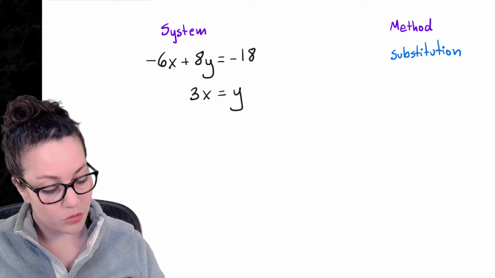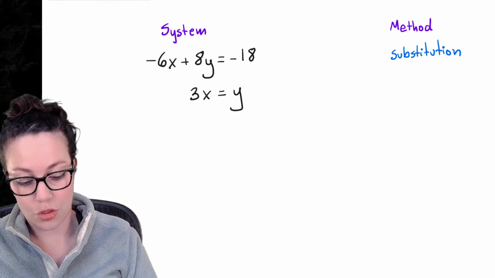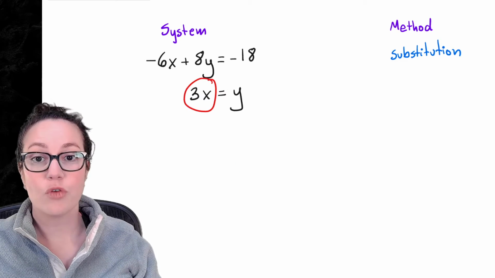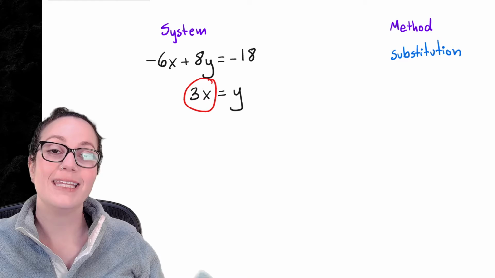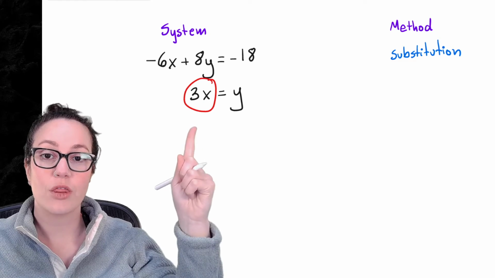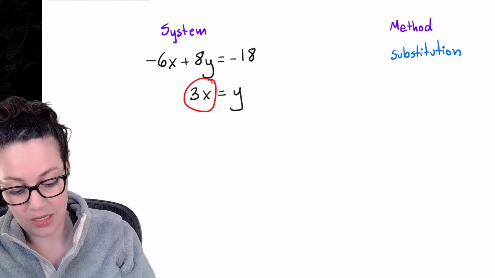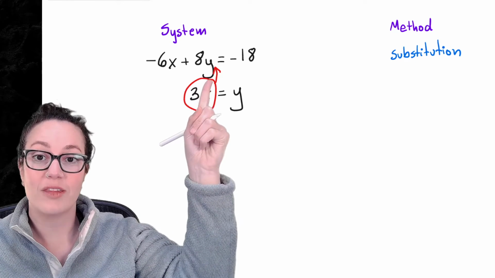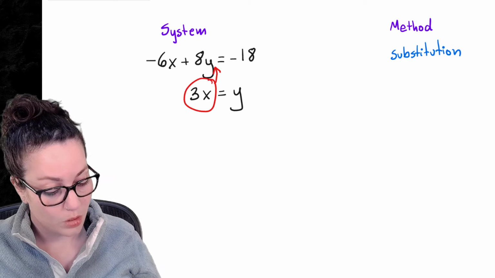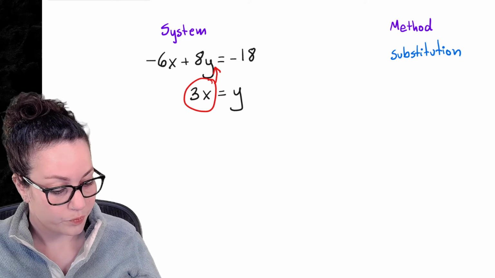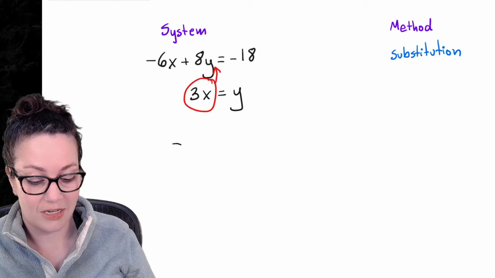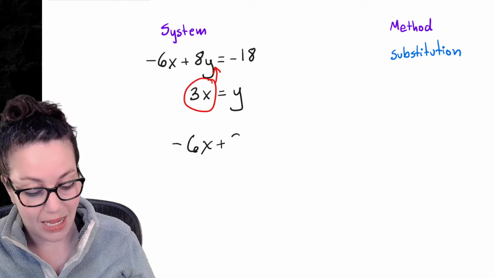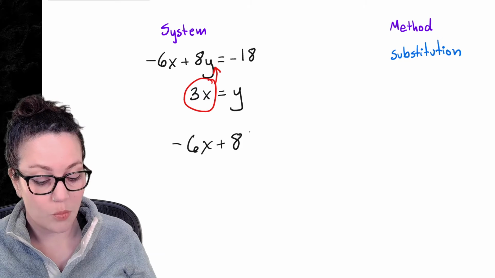So what we can do is say, since 3x is equal to this y, we can replace the y in the other equation with 3x. So we're going to plug in that 3x for the y that's next to the 8 here. We've got negative 6x, that part stays the same, plus 8, and now I'm going to open parentheses.